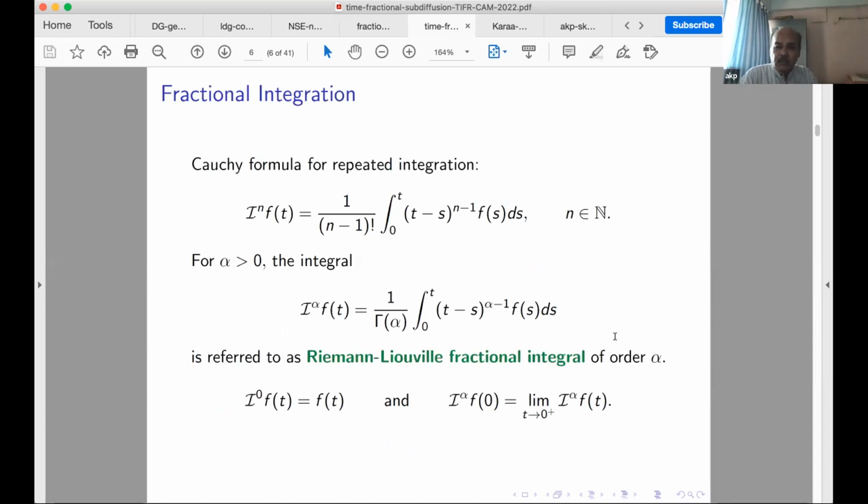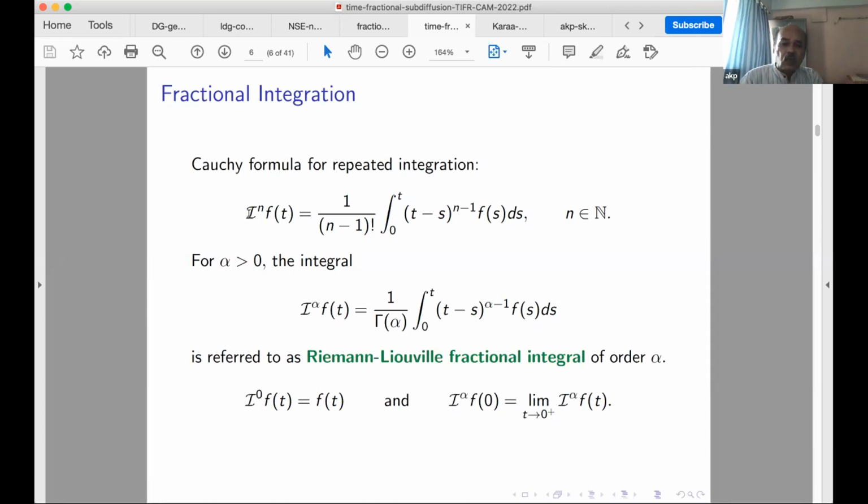Okay, so before I define this derivative, let me talk about fractional order integration. You start with the symbol I^0 f(t), which is your f(t), and I^1 f(t), or simply I f(t), is the integral from 0 to t of f(s) ds.